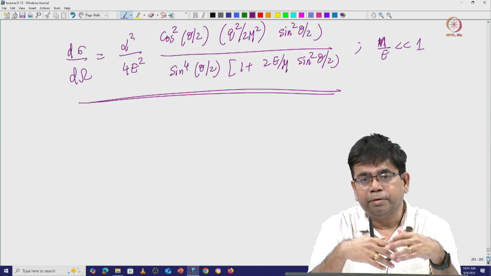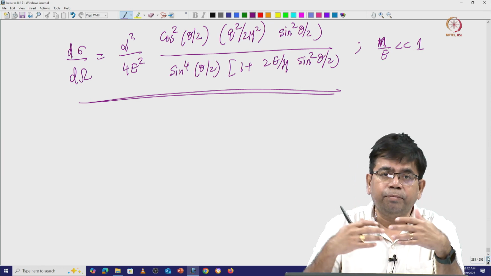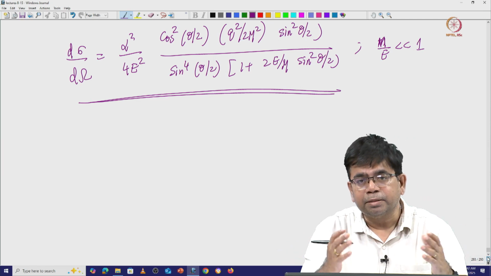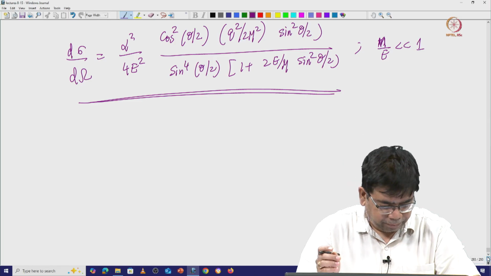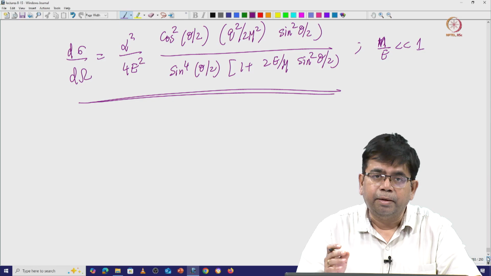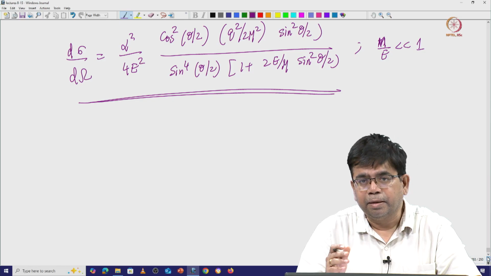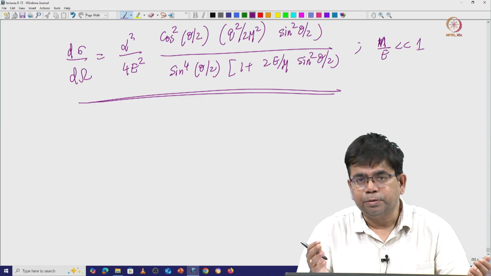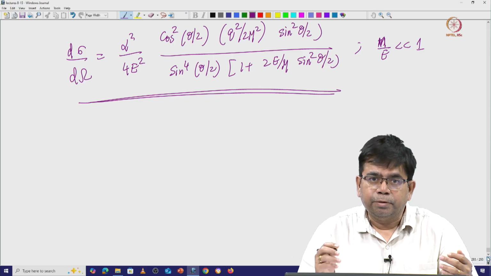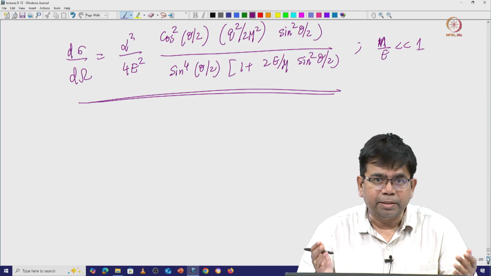But once you are non-relativistic within the galaxy, you have to use other methods to calculate whether they form bound states, whether they form clusters, and what the interactions of the dark matter are with other particles, standard model particles, and so on. So these things require this kind of technique.